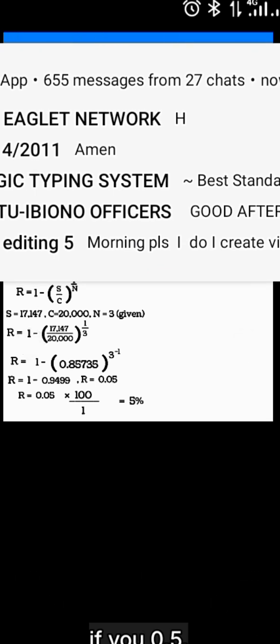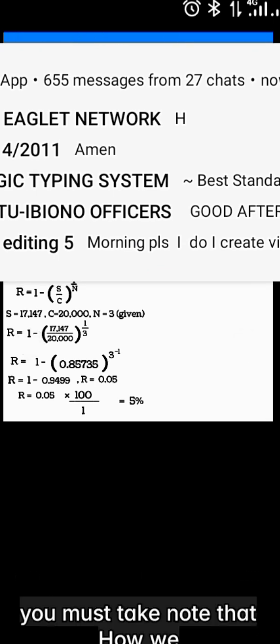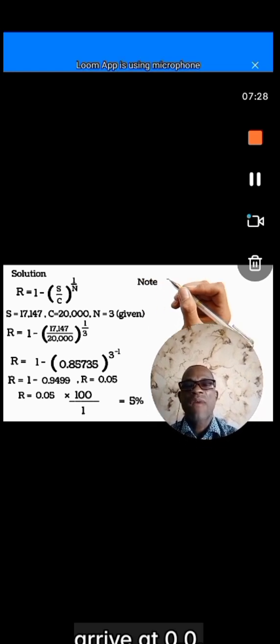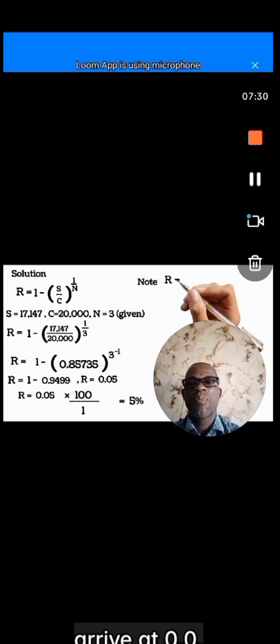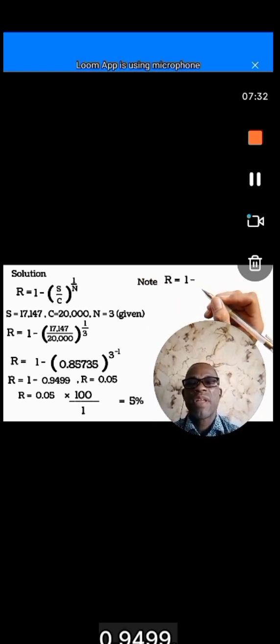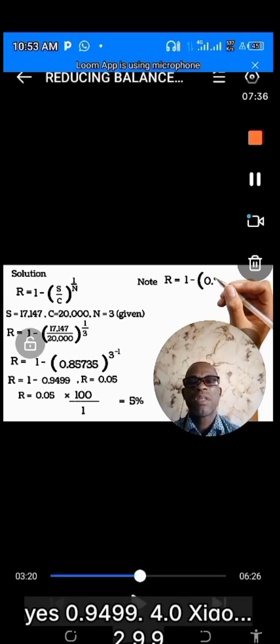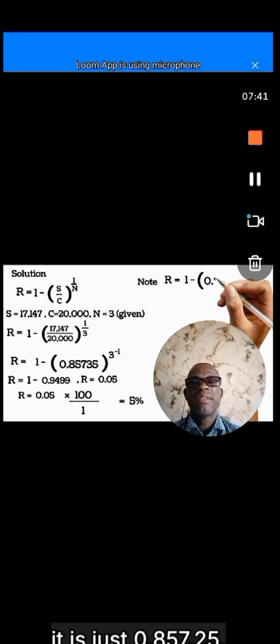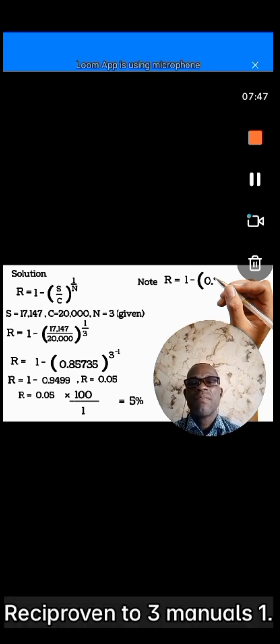If it's 0.5, you must take note of how we arrive at 0.9499. It is just 0.85735 raised to power 3 minus 1.